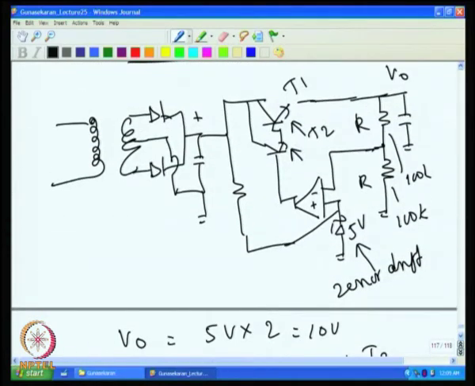Similarly, we will have a drift due to this resistance, because the resistance change will also produce drift, and the bias current change will also add to the drift. The resistance change we already calculated. If we use, for example, 10 ppm and 25 ppm resistances, then we have to take one as increasing and the other as decreasing, and accordingly find out the output voltage drift.